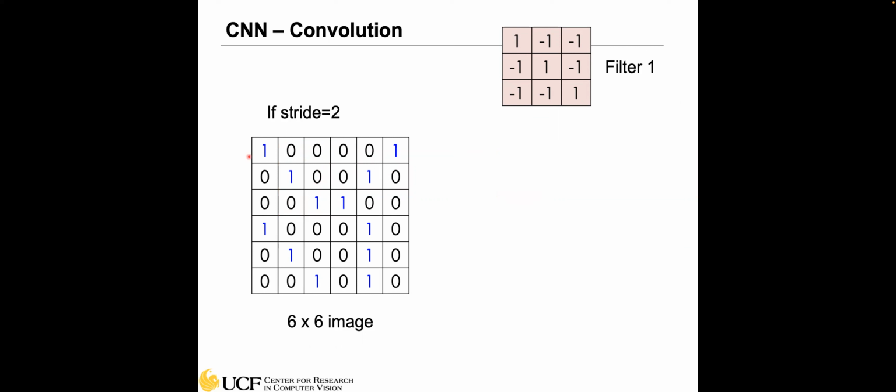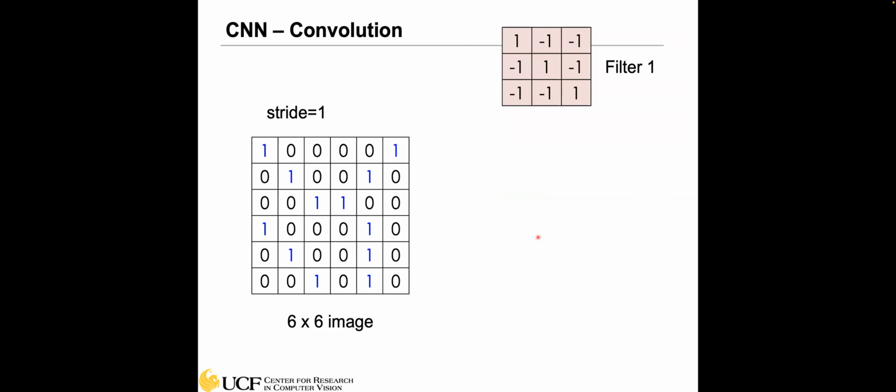And if we decide to use stride 2, the initial position is here, and for the next position I move 2, 1, 2, so the next window is placed here, and you get another value. So this determines how you shift your window or kernel on top of the image.